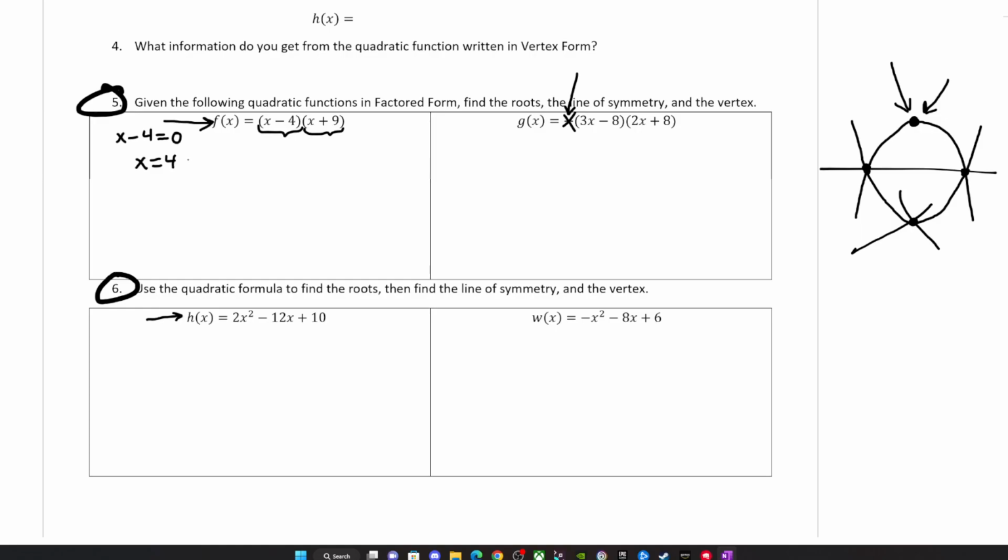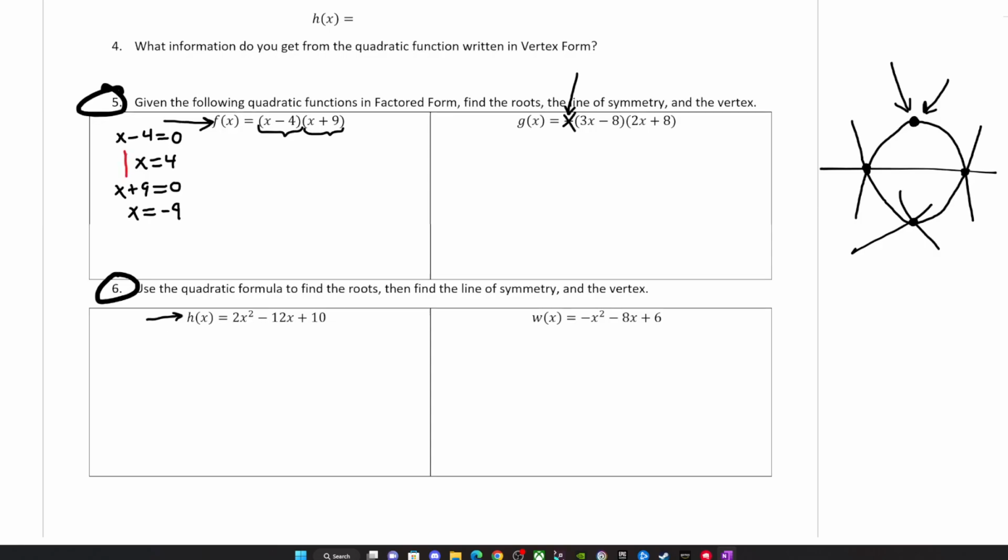So this is your first root, or point of intersection. Now take the second factor, x plus 9, leave x by itself, and make it equal to 0. Always make it equal to 0. Subtract 9 from both sides, and you'll get that x equals -9.